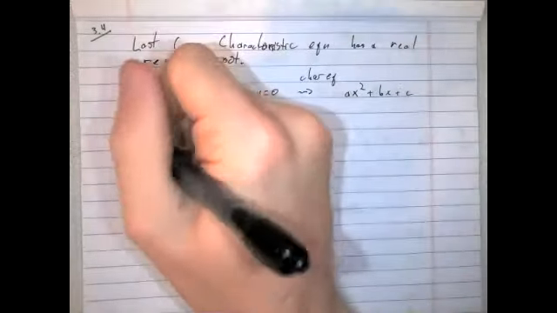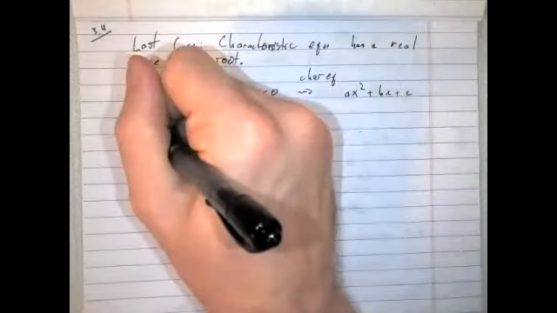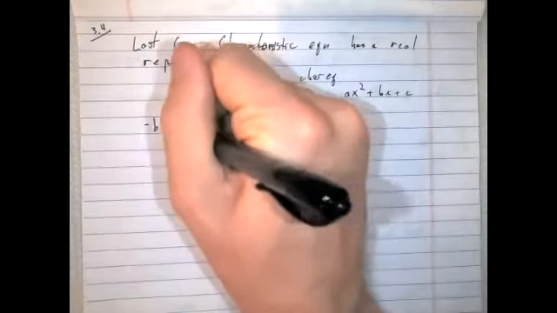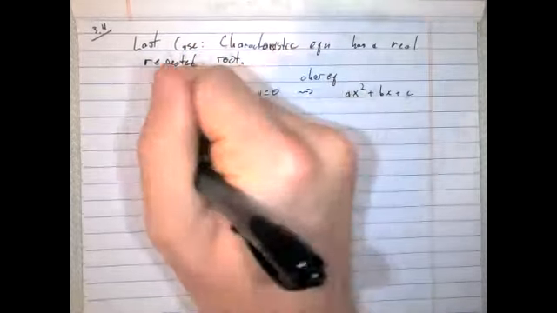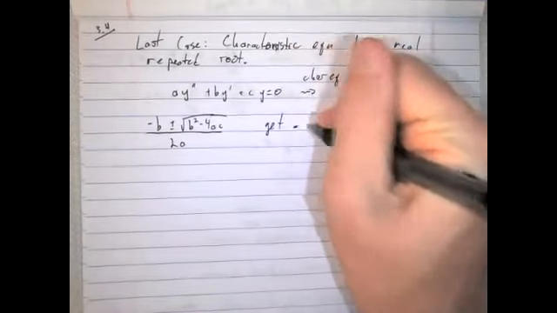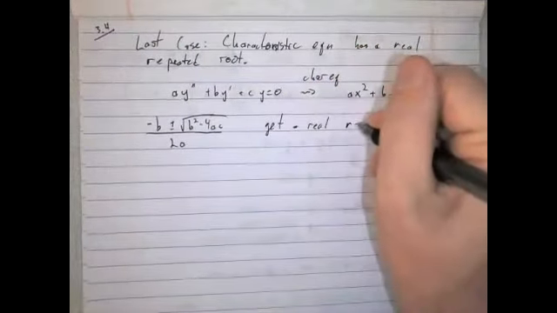Exactly. So the general roots of this are given by negative b plus or minus the square root of b squared minus 4ac, all over 2a.